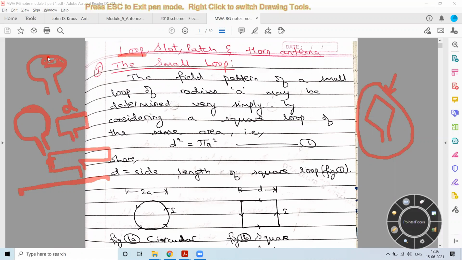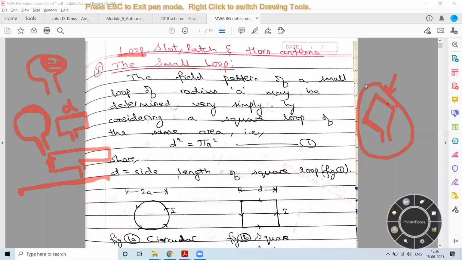Based on these specifications, we can have loops classified as small loops and large loops. Later we'll discuss which one we call a small loop and which one we call the large loop. Basically it is relevant to the circumference.